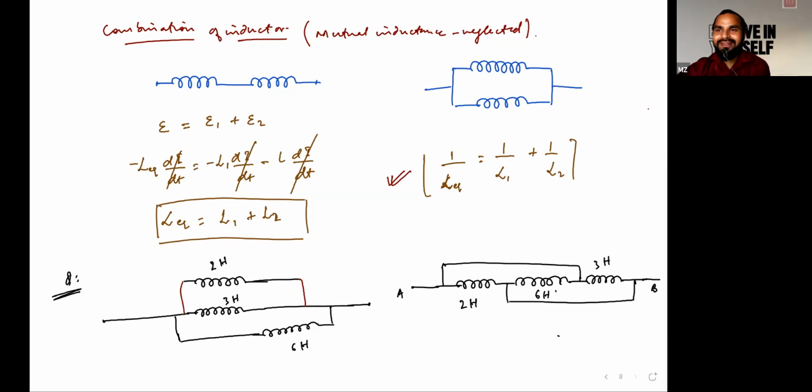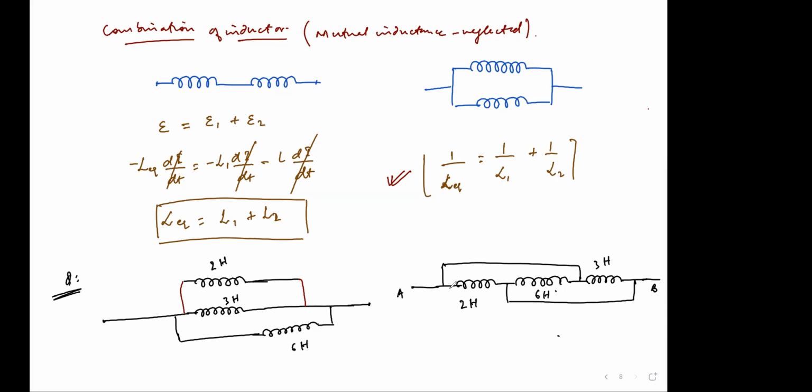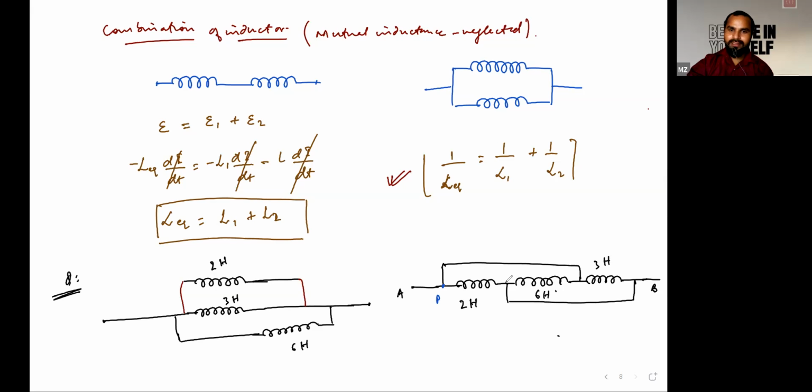No. In this case, we have two different paths. Let's say this is your point P, this is your point Q, this is your point R, and this is your point S. Try to divide this circuit like this.